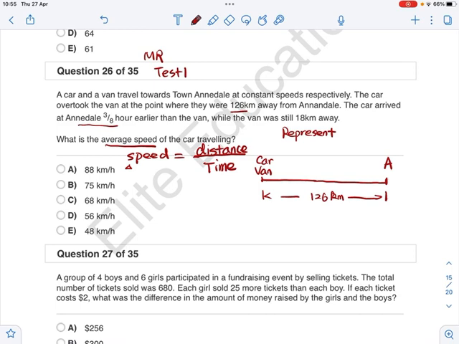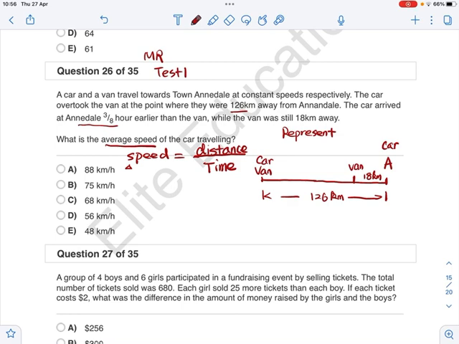By drawing the line, we see that when the car arrives at Annandale, this is where the van is. So the distance between the van and Annandale is 18 kilometers.